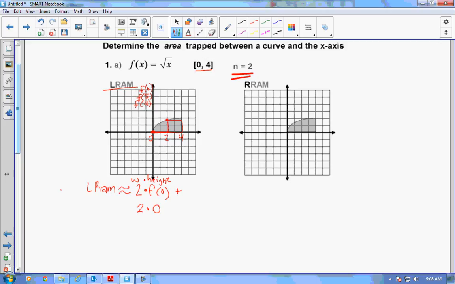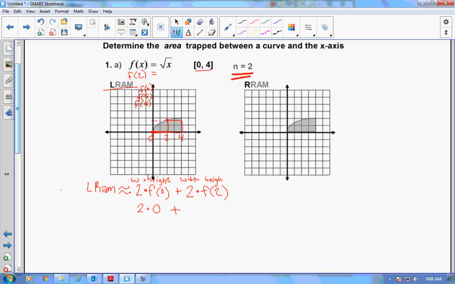Plus, there's a second rectangle. Width of 2, right? Times the height. How high is that second rectangle? F of 2. And we can find f of 2 by plugging in here. F of 2. We have the function.